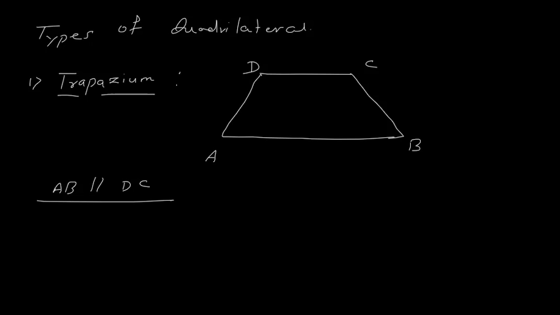Now side AD and side BC are called the non-parallel sides of the trapezium. Side AB and side DC are the parallel sides of the trapezium, and side AD and side BC are the non-parallel sides. Now in a trapezium, if the non-parallel sides are equal in length, then it is called an isosceles trapezium.